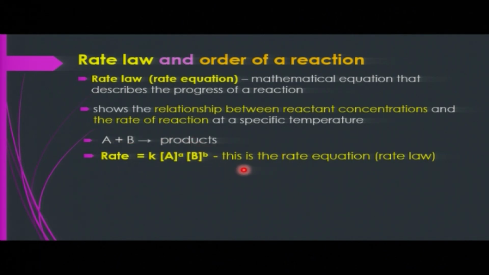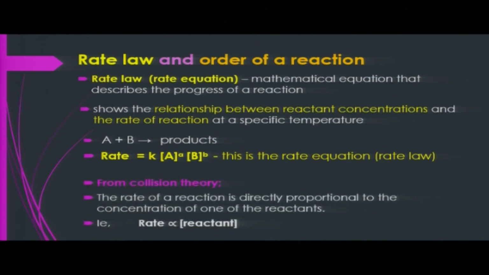This is basically the rate law. One will ask, what is small a, what is small b, what does it mean, where does it come from? I think that is rotating in your mind. Let's now go through and see where it comes from.